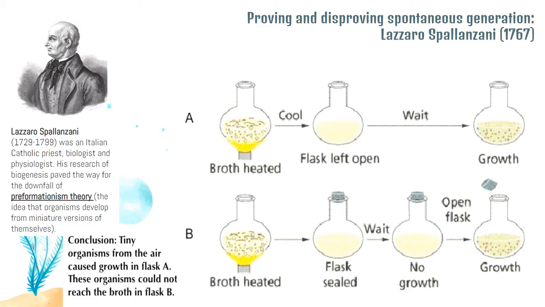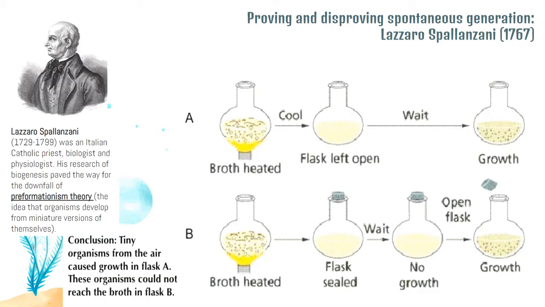He heated the broth inside, then sealed it. And after several days, he was not able to find any microbial growth. This time, he was able to observe that no growth developed from the sealed flask. Only when he opened the flask did he see microbial growth inside the broth.